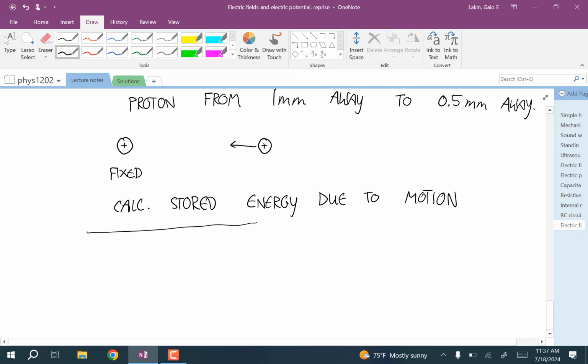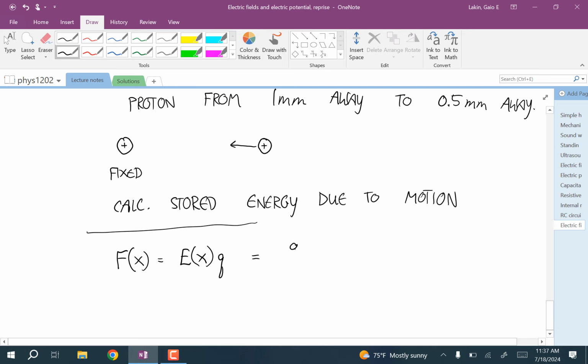Well, we have an expression for the force. So the force as a function of x is equal to the electric field times the charge of the particle we're moving around. In this case, that's a proton.